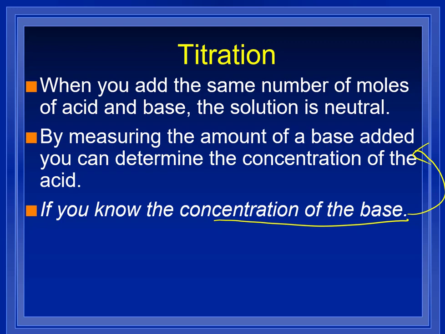React what you know with something you don't know, so you use the one you know to figure out the one you don't know. You can do it the other way too. As long as you know one of them, you can use it to find the other.